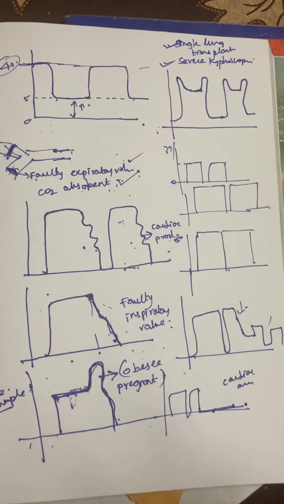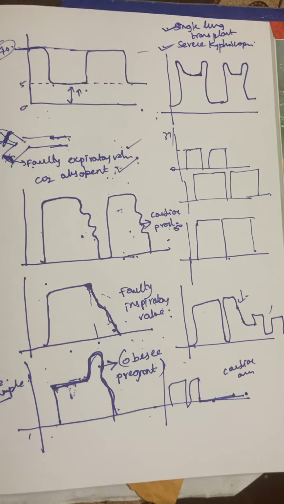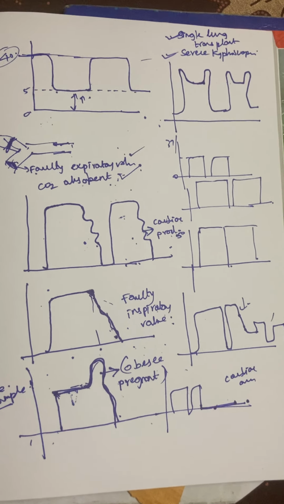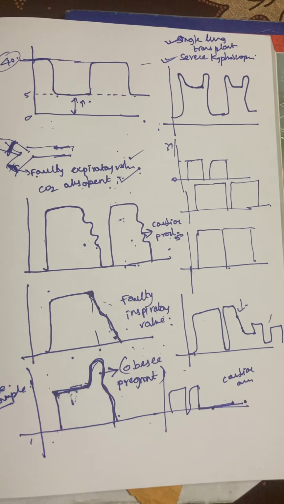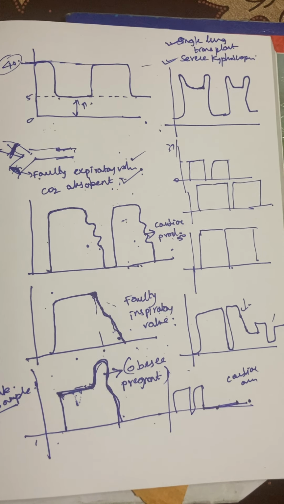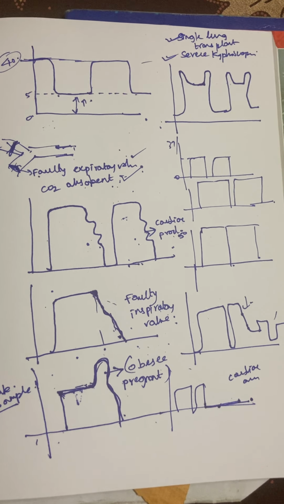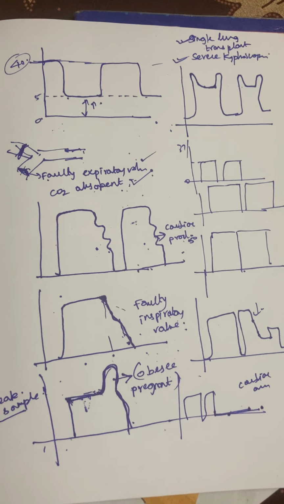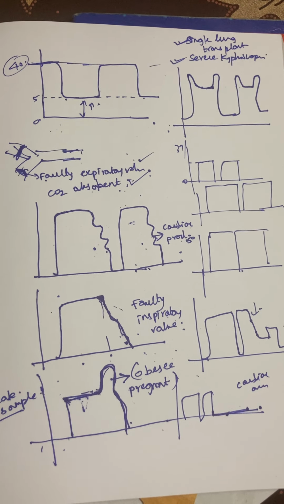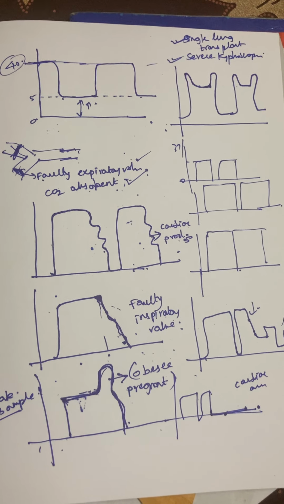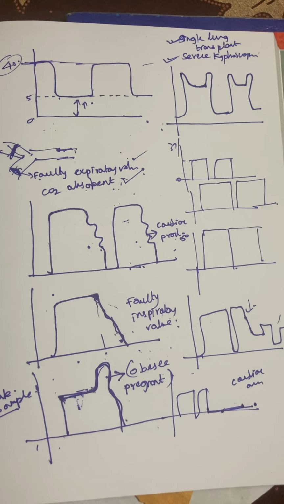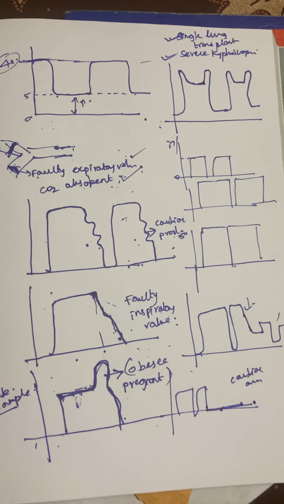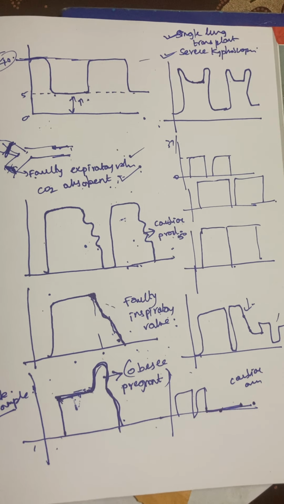So you have to correlate with the clinical findings, how the patient is presenting. Today I discussed most of the different forms of EtCO2 waveforms. If you have any doubt regarding that, you can ask me. Another type is the trend capnogram, but this video is already too big, so I don't want to discuss that.